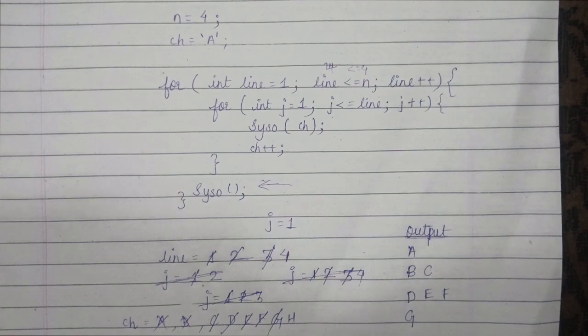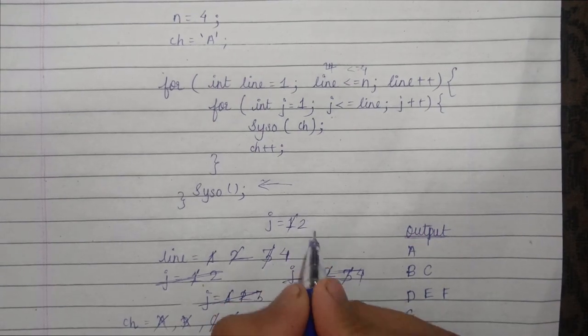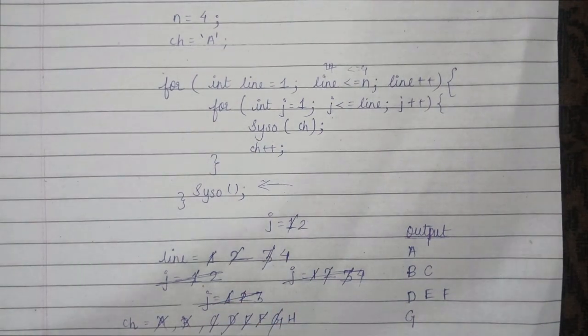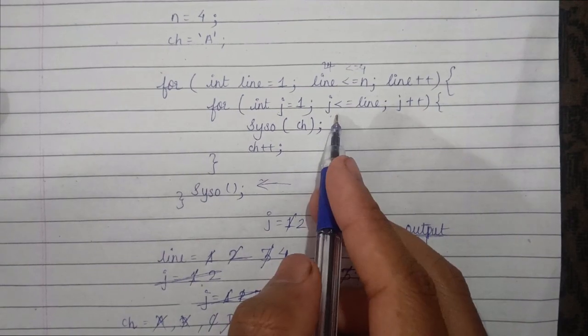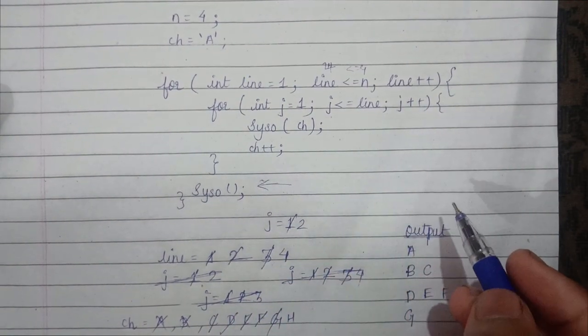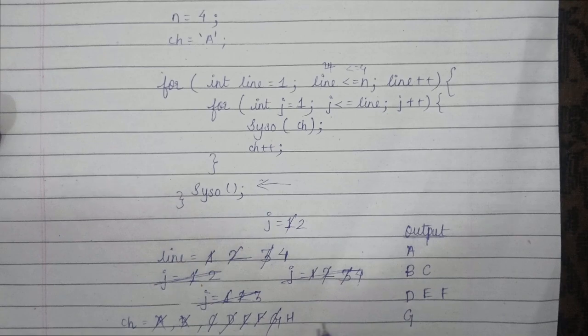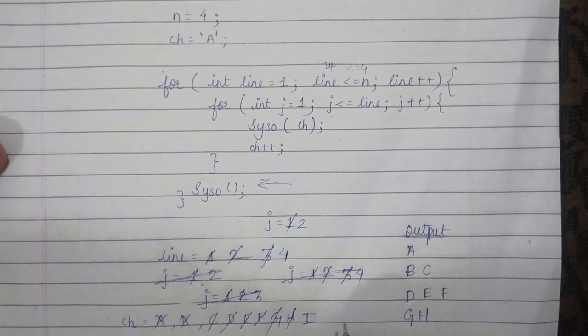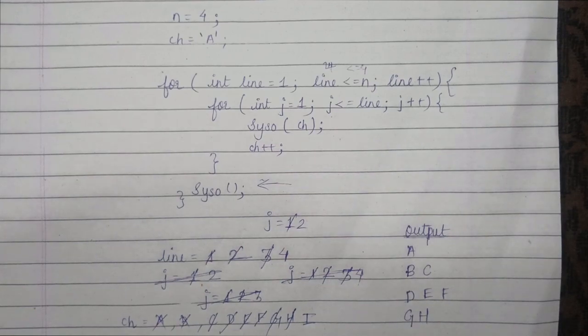Now j's value gets updated. j's value is 2 now. Is 2 less than or equal to 4? The condition will be true. Then it will print the character H and update the character. Now the character's value is I. Now again j's value gets updated.